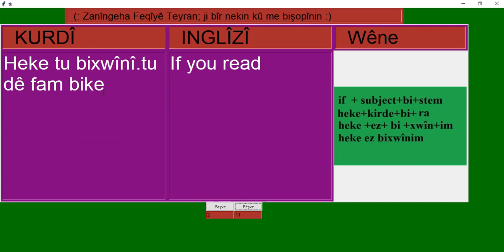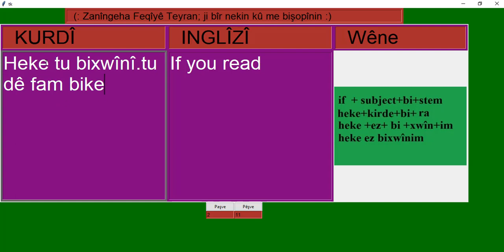It says, if you read, you will understand. As I said, khwanden can mean 2 things. It can mean study, and it can also mean reading. So here it means reading, because it says if you read, you will understand. But let's look at how these sentences are created.